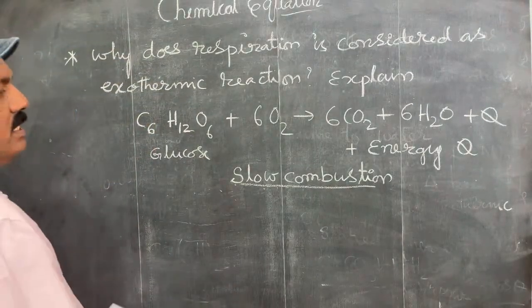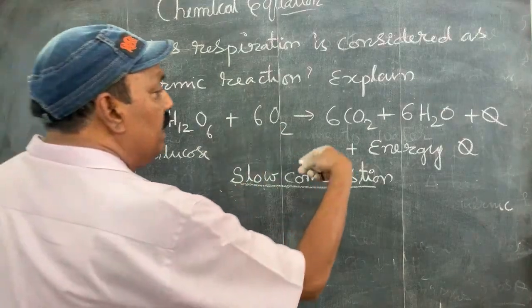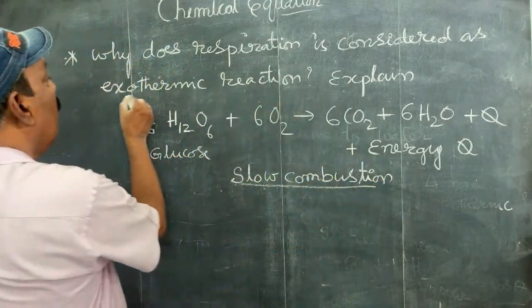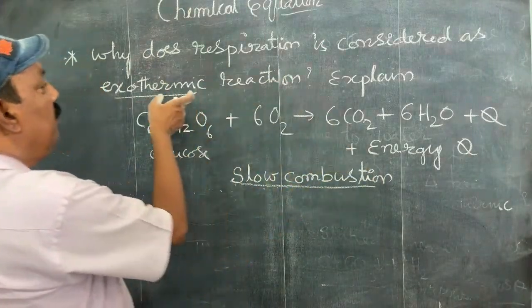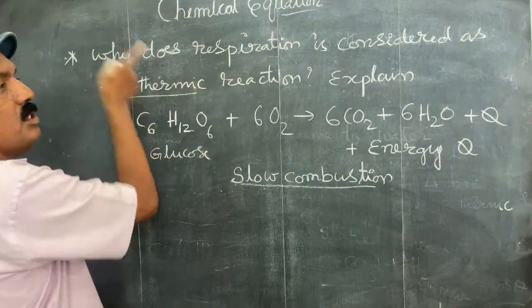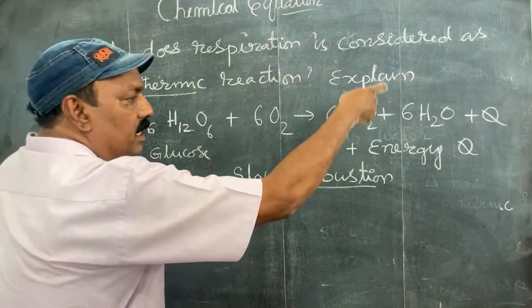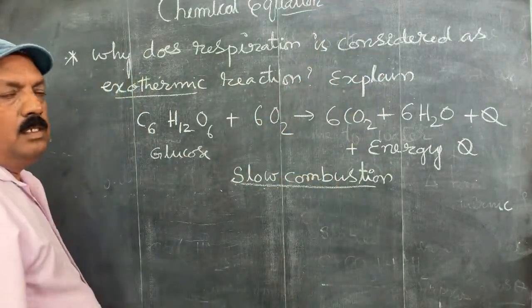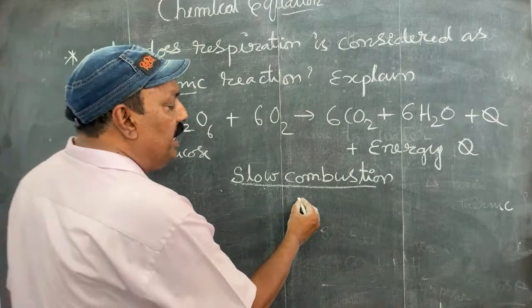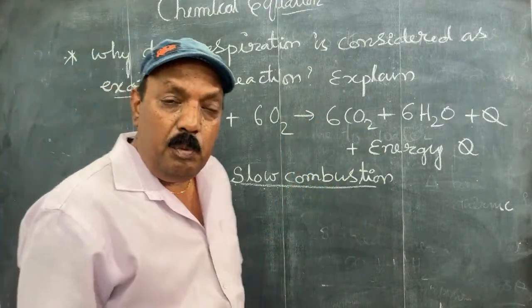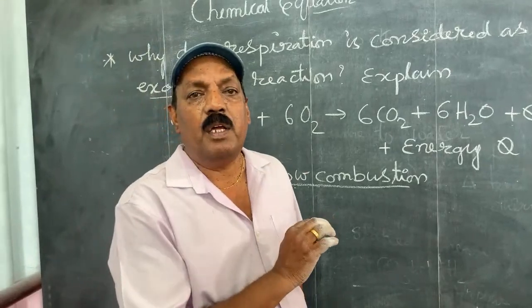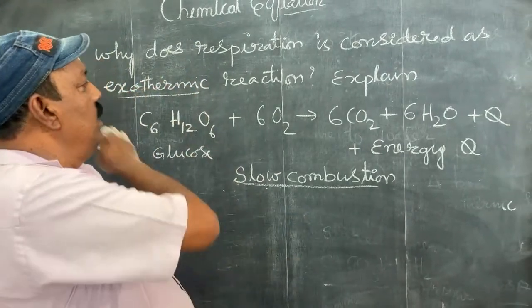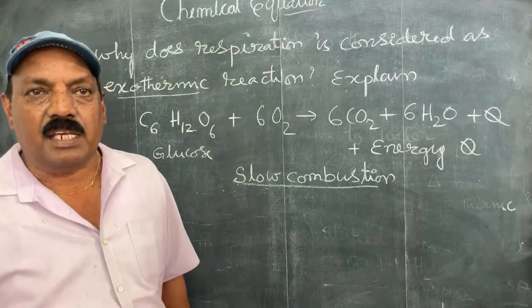And because this respiration releases energy, we call it an exothermic reaction. If it is not releasing, we cannot call respiration an exothermic reaction. Because of releasing energy and giving us 38 ATP molecules in aerobic respiration and 2 ATP molecules in anaerobic respiration, we consider this an exothermic reaction.